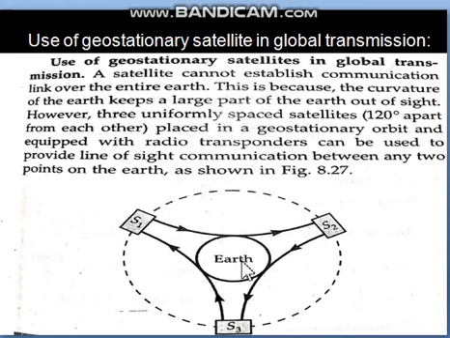So these satellites basically relay the signal around the curve of Earth, thus making the communication possible between widely removed points of Earth. So a minimum of 3 geostationary satellites are needed to establish the line of sight communication for the global transmission.